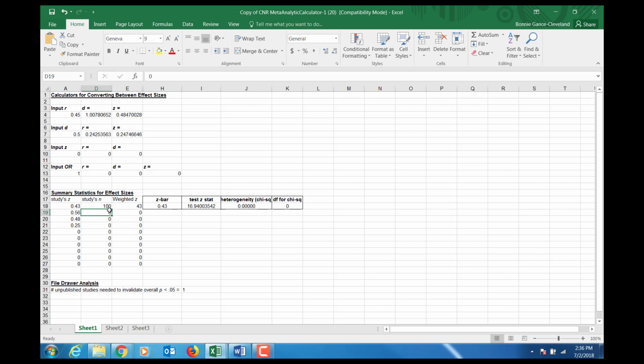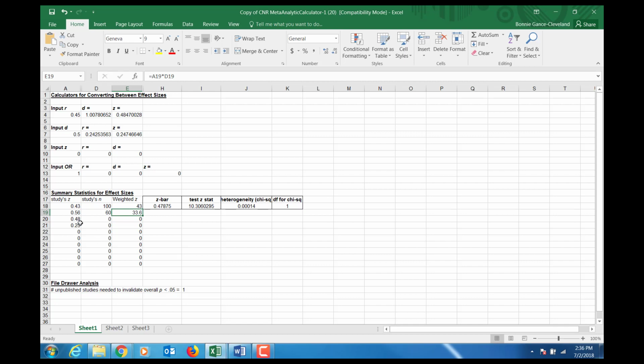So study number 2 had an effect size of 0.56, but it only had a sample size of 60. So we enter the 60, and we come up with a weighted Z that's actually less than the study with 100, but the lower effect size. So you can see how these two things work together to give you the weighted Z.